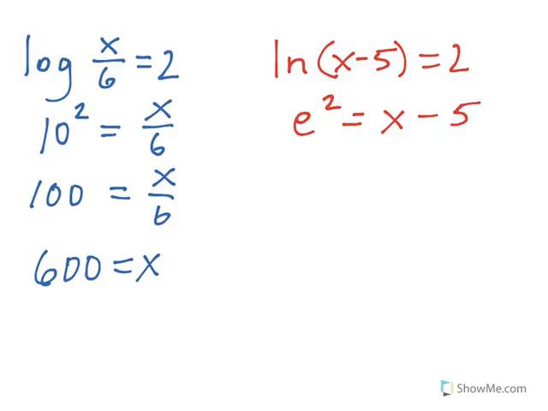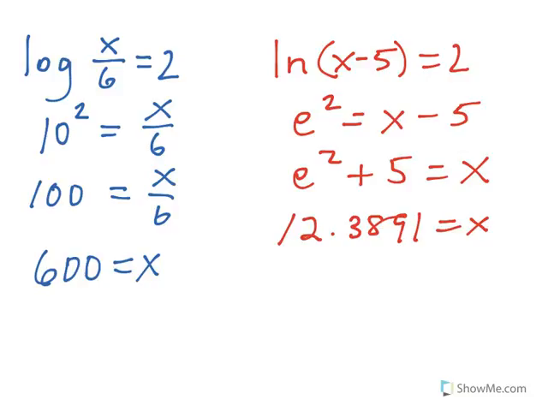I'm going to add 5 to both sides to solve for x. And I'm going to need to do some evaluating with my calculator, which tells me that e squared plus 5 is approximately 12.3891. Since both of those answers were positive, I didn't have to worry about eliminating extraneous solutions.